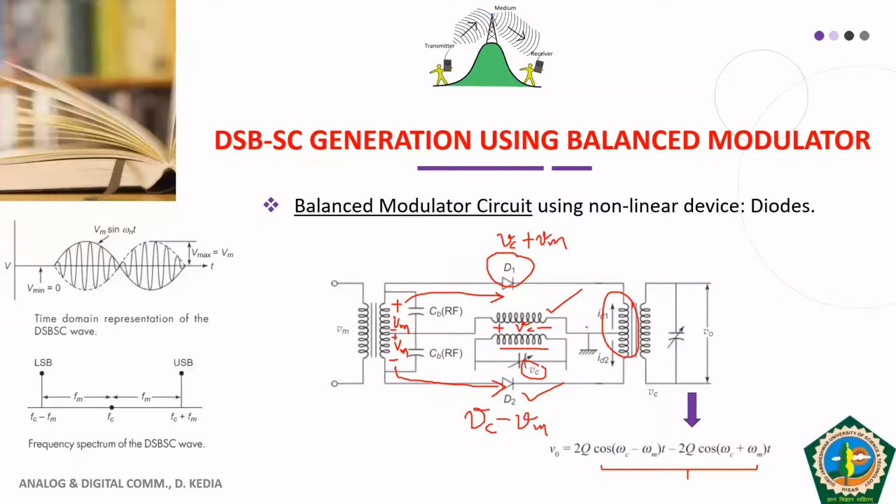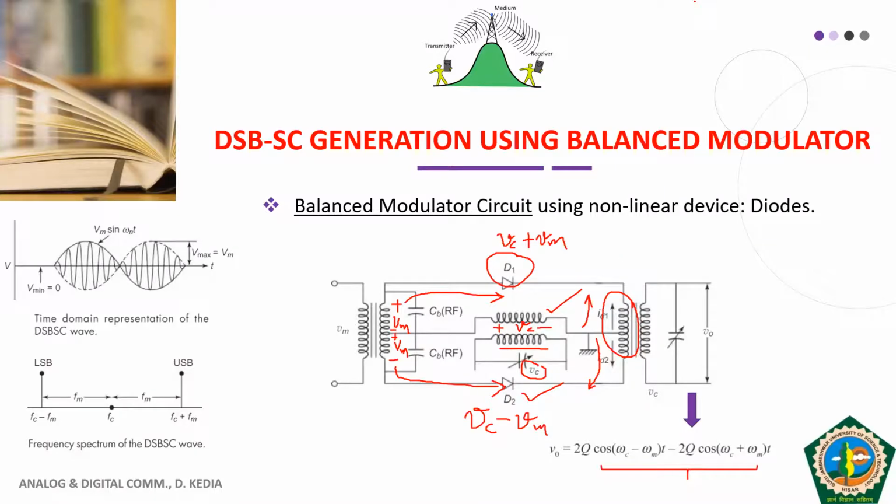From this common point the currents will be flowing in opposite directions. It indicates that the currents flowing through this center tap primary are in opposite directions, meaning the primary of the output transformer will be inducing the difference of the two voltage or current signals. I hope this is clear to everyone.